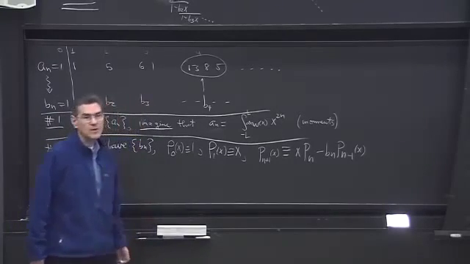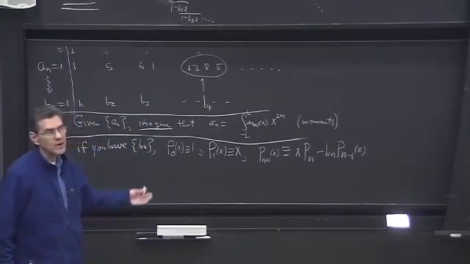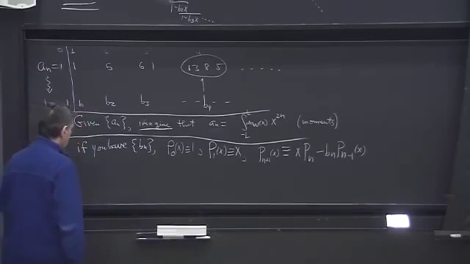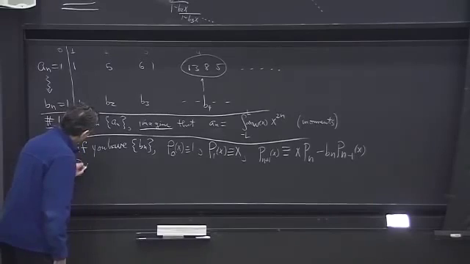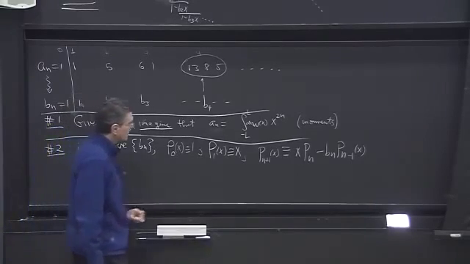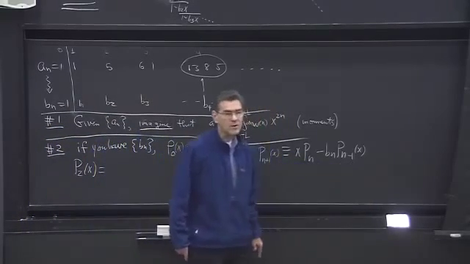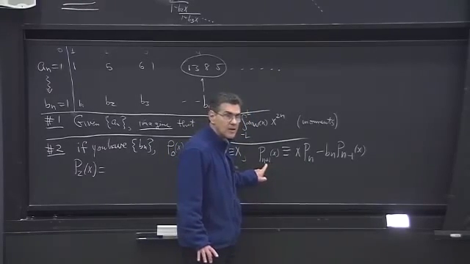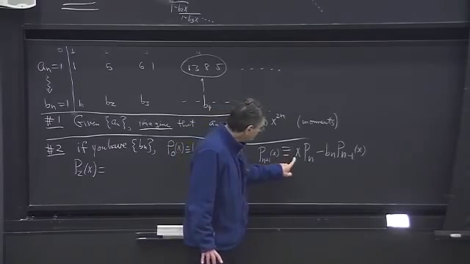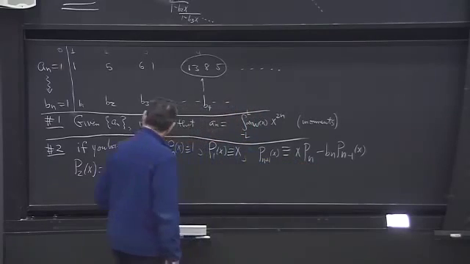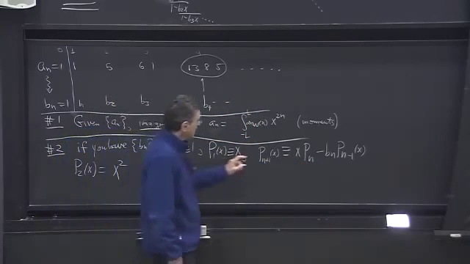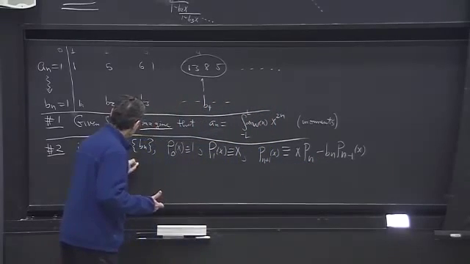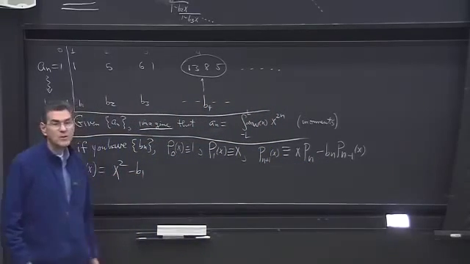In fact, let's just for fun, do it a little bit. I'm not going to waste your time, but we could construct these polynomials. So, for example, if you wanted the second polynomial, you'd plug in n equals 1, and you would see that the formula is x times p1, which is x squared, minus b1 times p0, so it's minus b1. So there's the second polynomial.